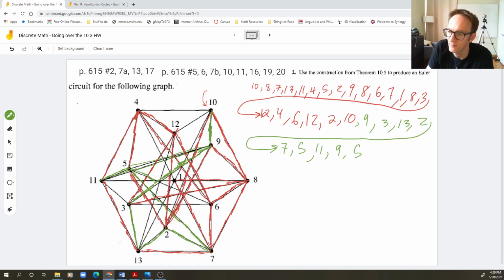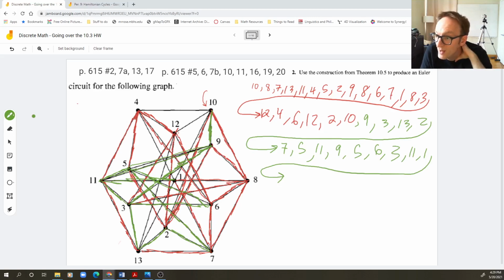I'm almost done, by the way. Then to 6, then 3, then 11, then to 1. I've kind of been neglecting 1. Anyway, here I am at 1.